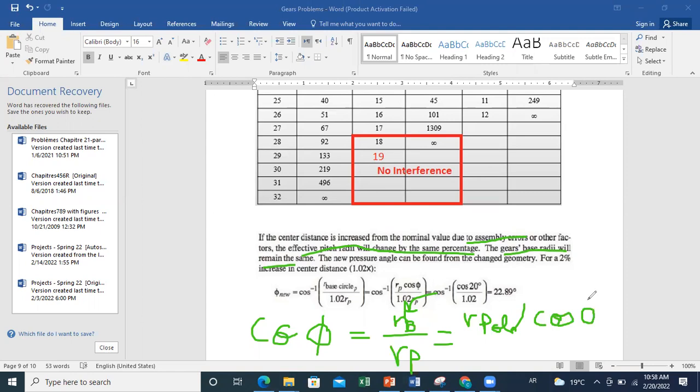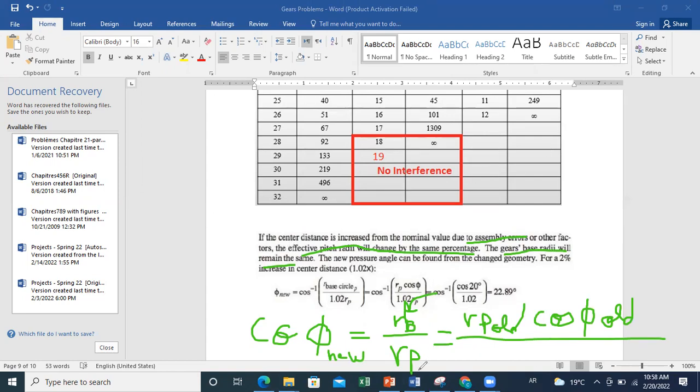I will call them phi old and phi new to not confuse. So cosine phi new is equal to RP old times cosine phi old over RP new. We said that RP new is increased 2% compared to RP old, like the center distance.